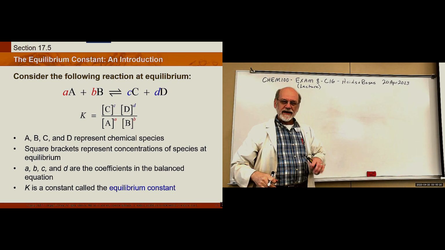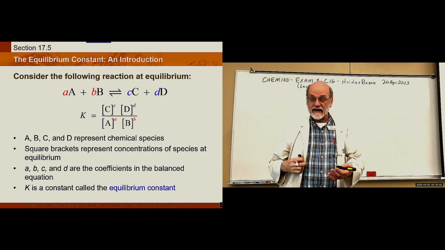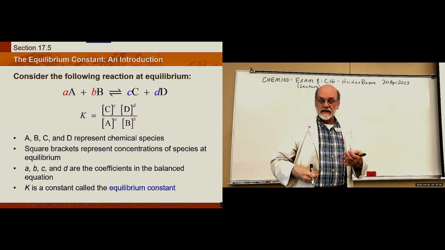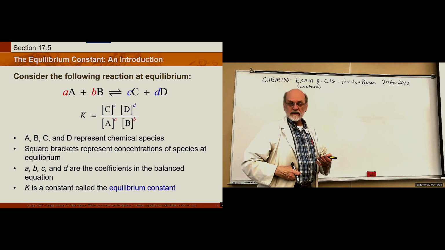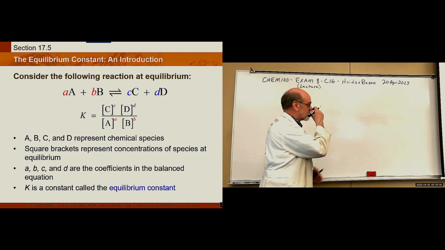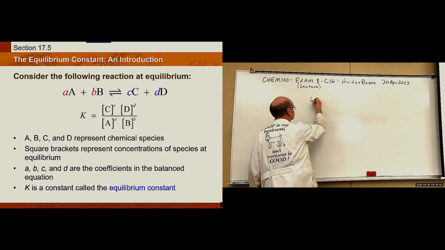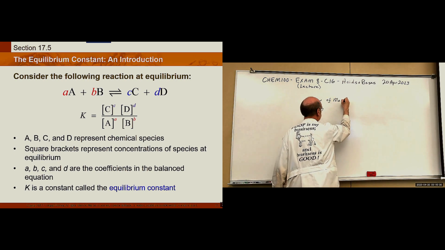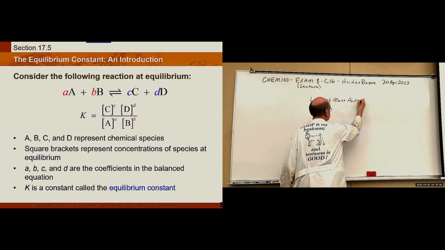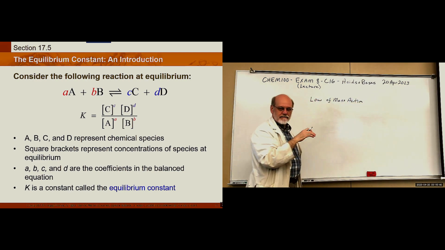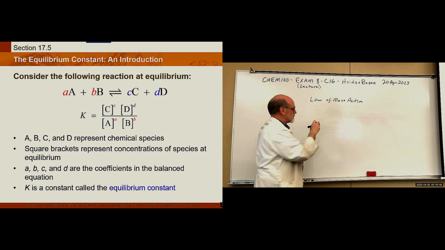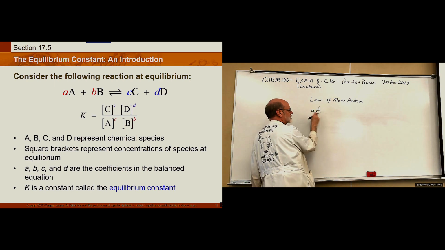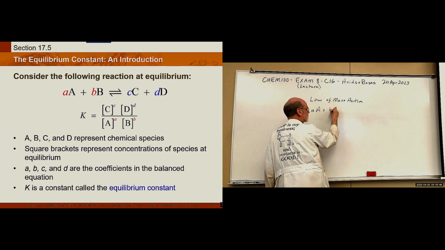So there is a way to quantify equilibrium in chemistry, and it's called the law of mass action. If we have this reaction, these are our coefficients. We have a balanced equation.